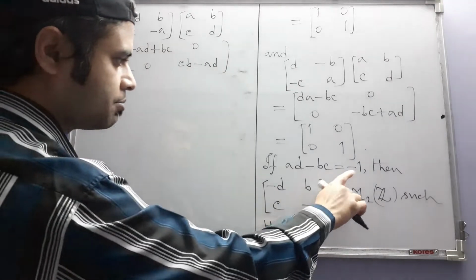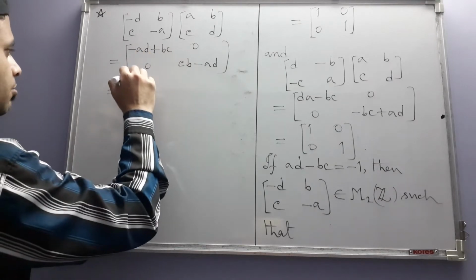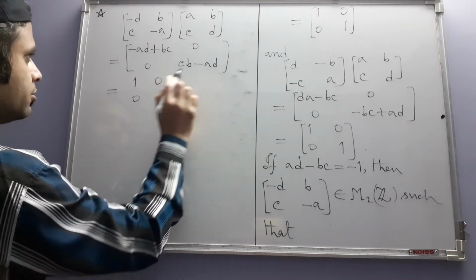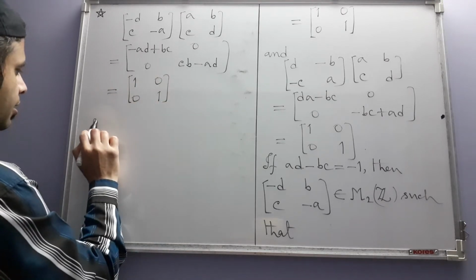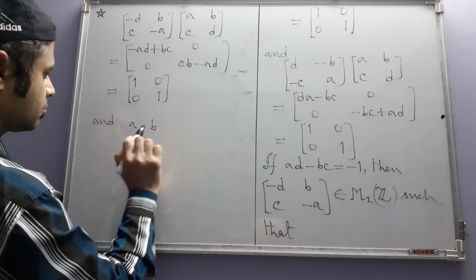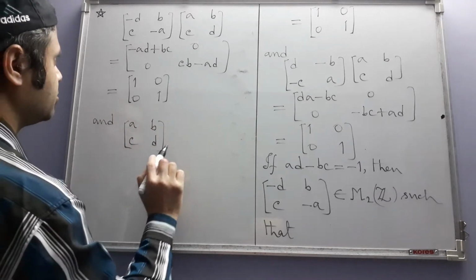So AD minus BC is minus 1, so BC minus AD is 1. So we get 1, 0, 0, and this one is also 1, and similarly this will also be the 2 by 2 identity matrix.